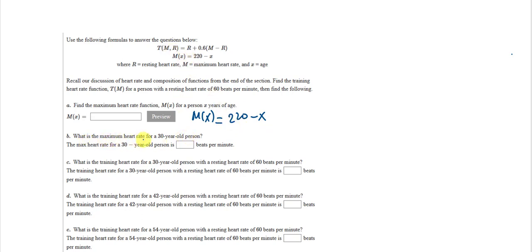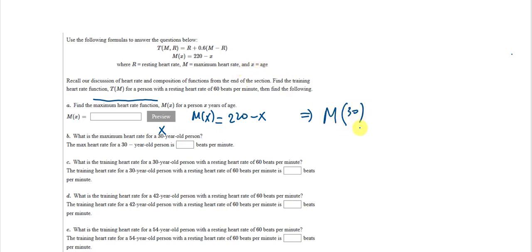What is the maximum heart rate for a 30 years old person? So this is the years of age, 30, which is x, right? So you want to find the maximum heart rate, we have to use the maximum heart rate function right here. You are looking for the maximum heart rate of a person of 30 years old, where 30 is the x, because 30 is the age.